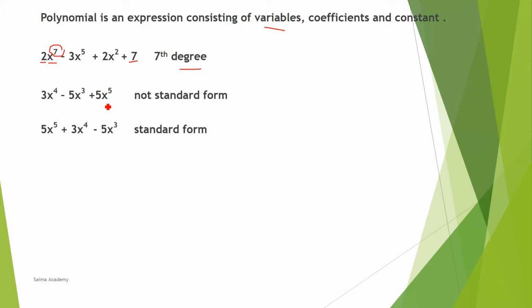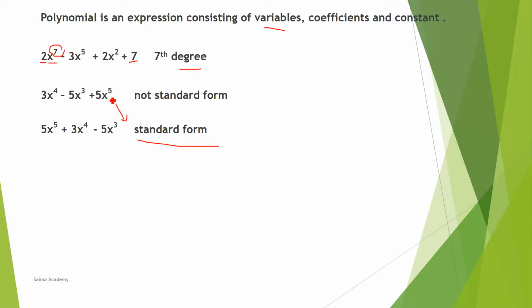If I say from here, this is the fifth degree polynomial because this is the highest exponent. But this is not the standard form. Why? Because you have to write down the polynomials in descending order. First 5x power 5, positive 3x exponent 4, negative 5x cube, right? So this is the standard form of this.